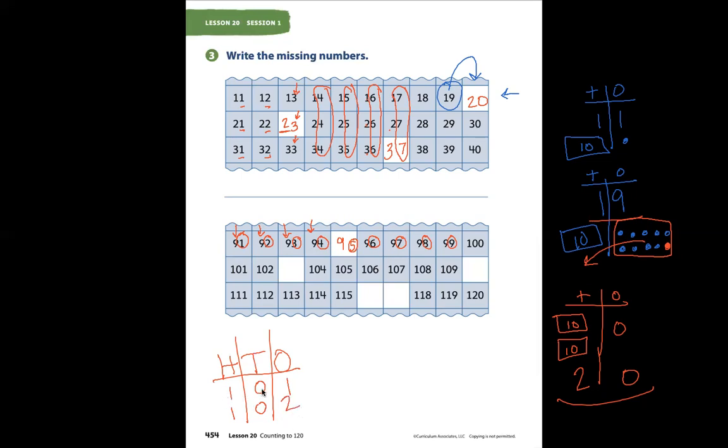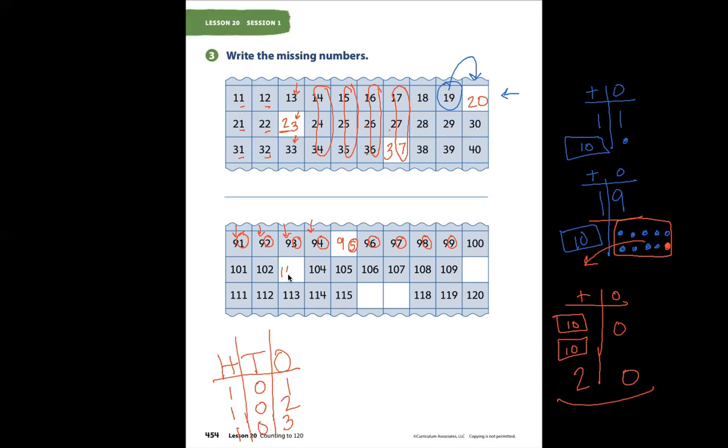Notice that the hundreds and tens are not changing. If this is a 1, a 2, what do you think the next number is going to be? One group of 100, 0 tens, and 3 ones.